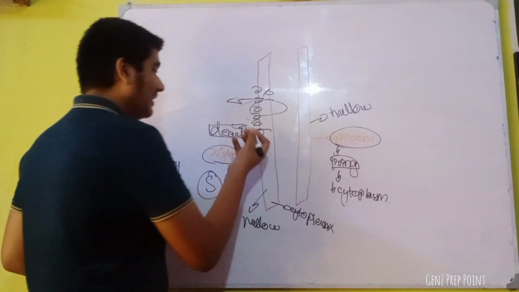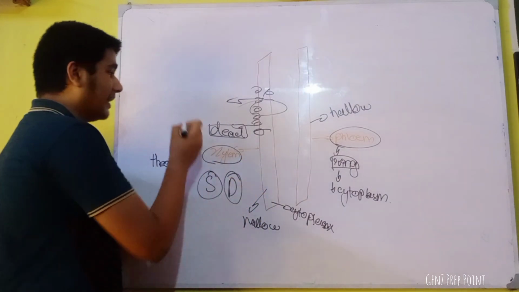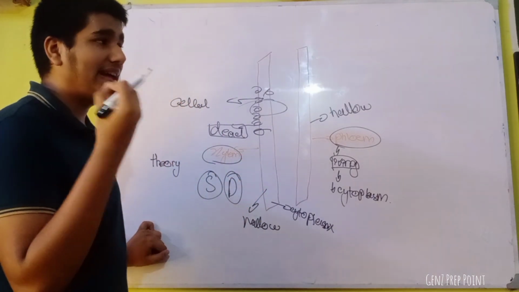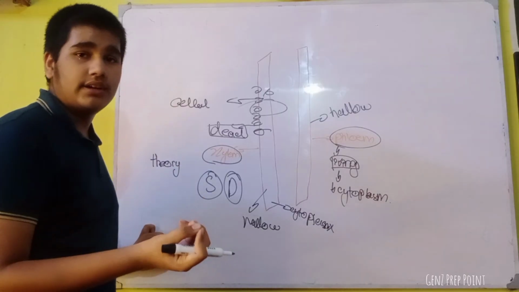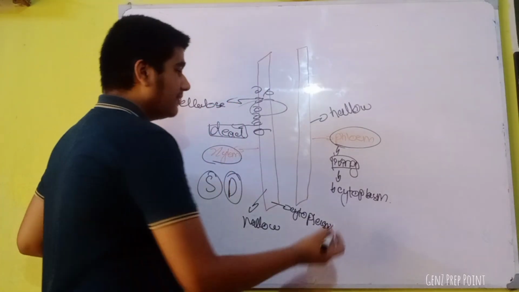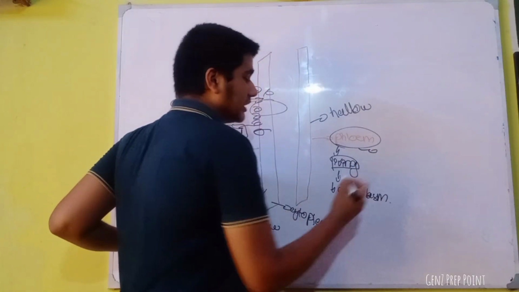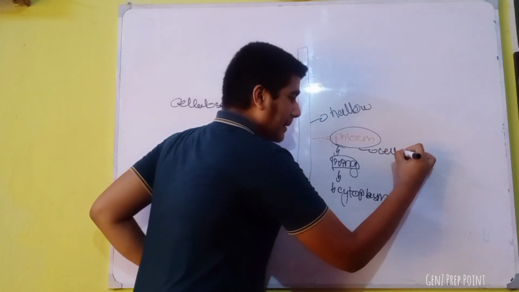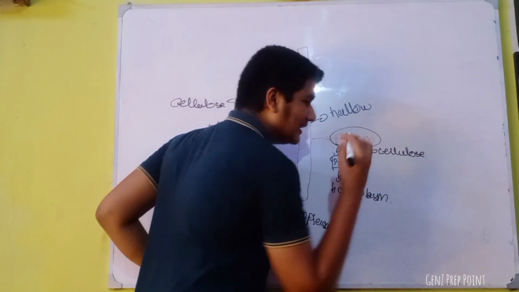So xylem walls would be made of cellulose, because a normal plant cell wall is made of cellulose. Phloem's cell walls are also made of cellulose, but there is a little difference.